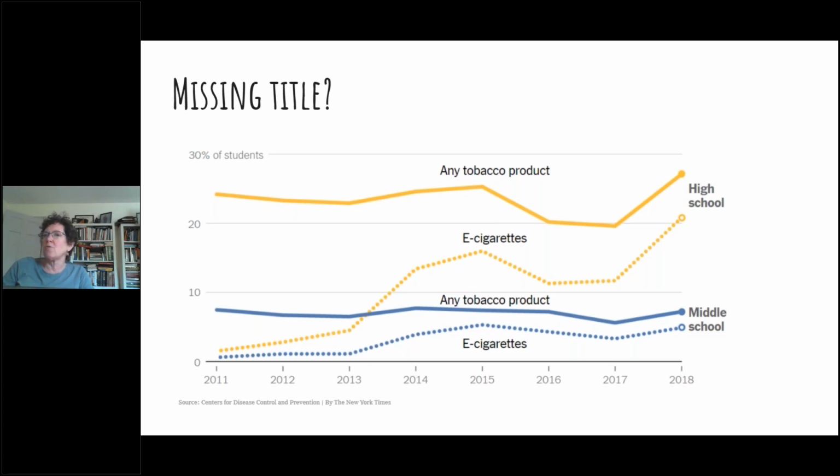So you would want to know, where did they get a representative sample? Is it urban kids, rural kids, kids out in the suburbs?